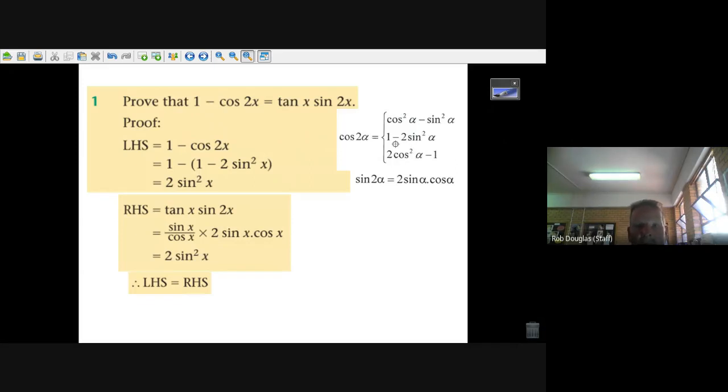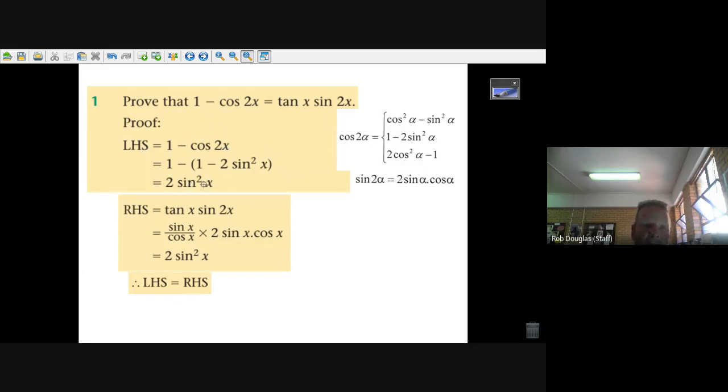But there's one that's going to simplify this whole question. In fact, if I use 1 minus 2 sine squared, I'm going to go 1 minus 1, and those ones will cancel. I'm going to go minus minus 2 sine squared, and it'll simplify to 2 sine squared. If you choose the other ones, things get more complicated. It's still true, but things get complex.